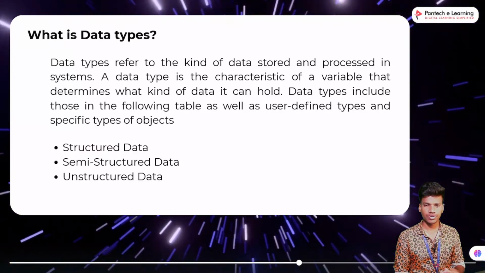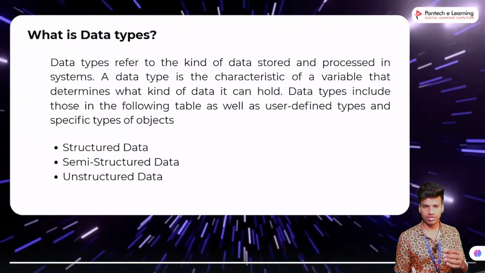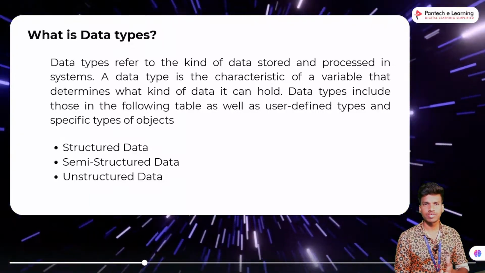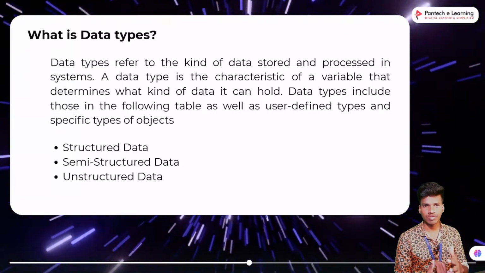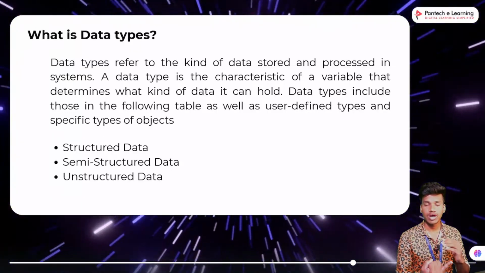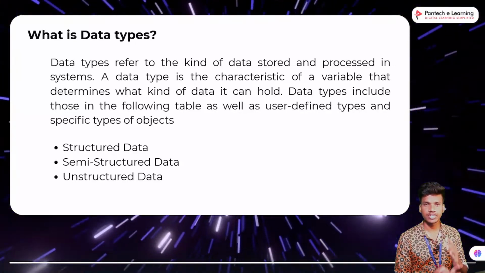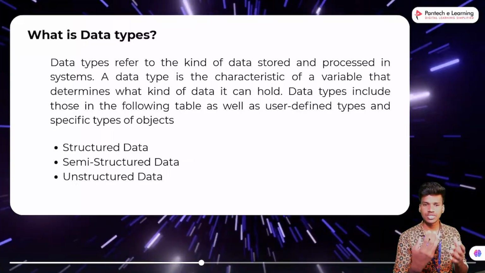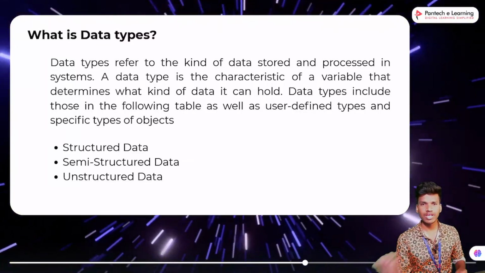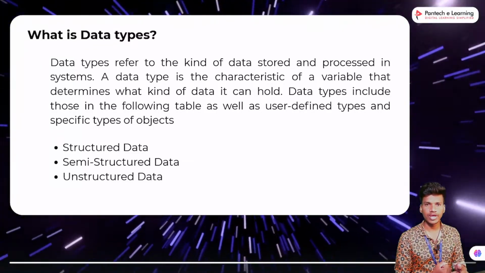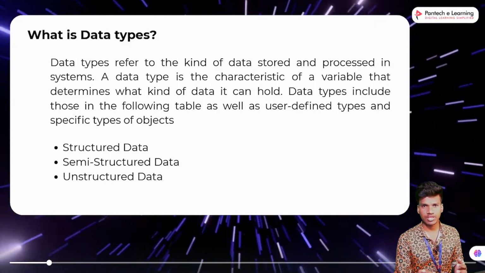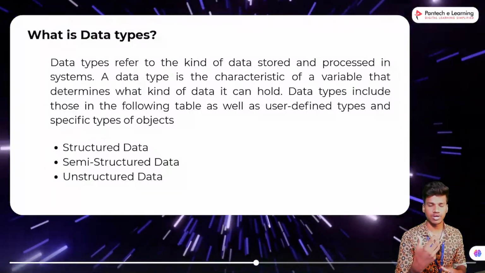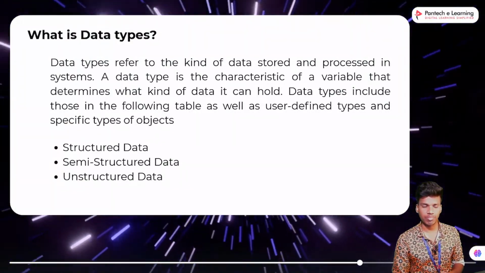I am from the Python domain, so I know Python data types: numbers, string, integer, Boolean and float, which are sequence-type variables, as well as list, tuple, dictionary, and set. These are the common data types for Python programming.